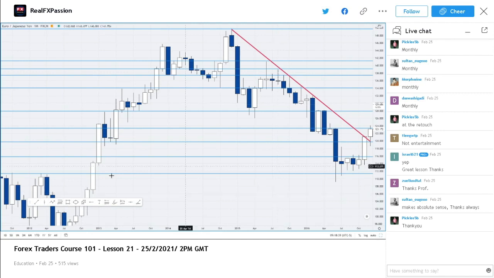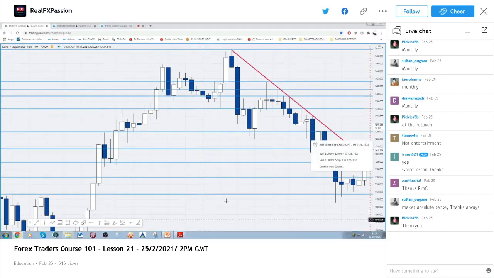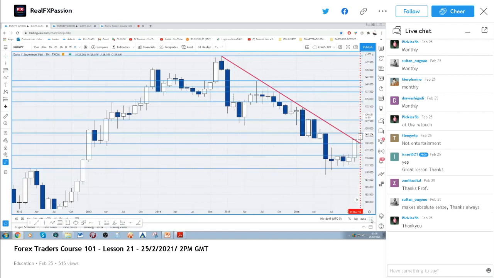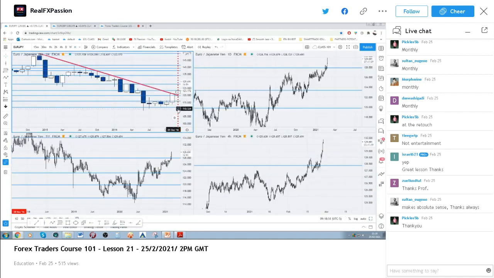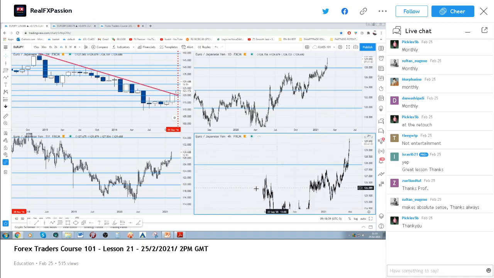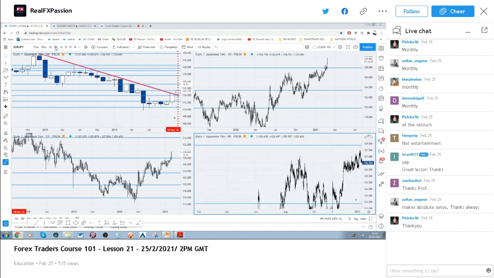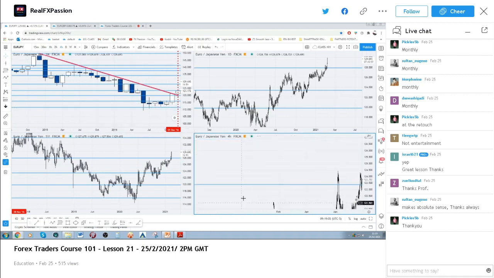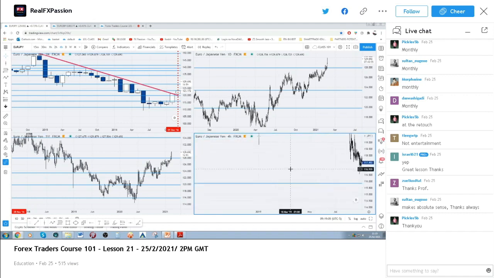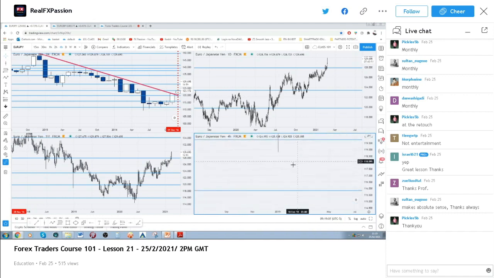Okay, so I'm going to put a vertical line, everybody, and then we are going to go on the 1 hour chart, right? Let me see if I have 1 hour chart. Okay, so one more time. I want to find the line.